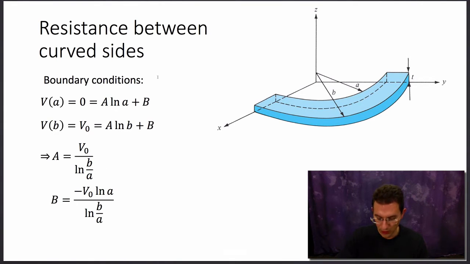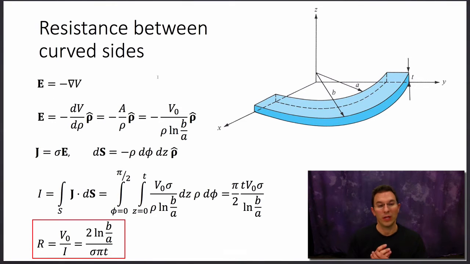So now we're in a position to write down an expression for our potential V in between these two surfaces. In order to calculate the current I, we need to know what the electric field is, and so we're going to apply this equation to the potential that we just determined. Minus the gradient of our potential V is going to be our electric field.